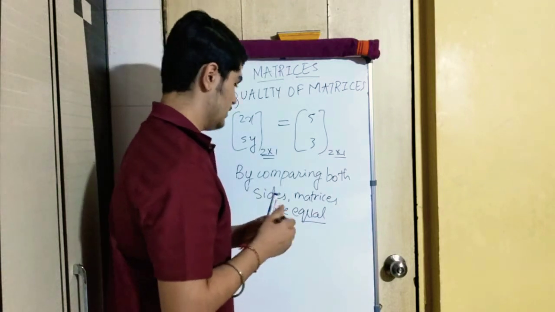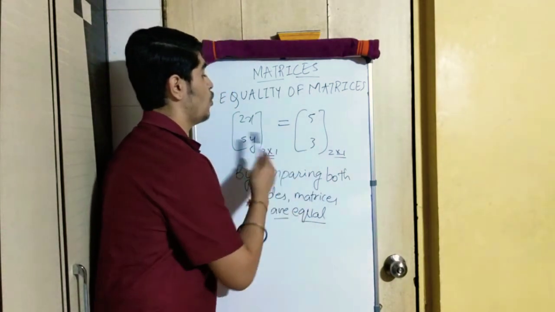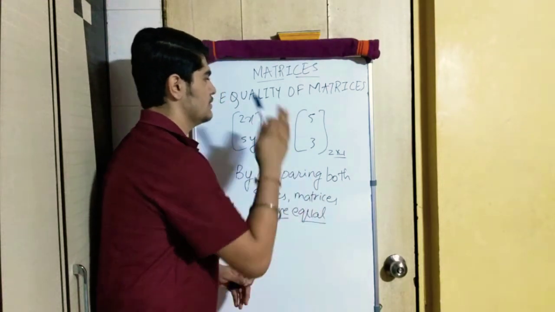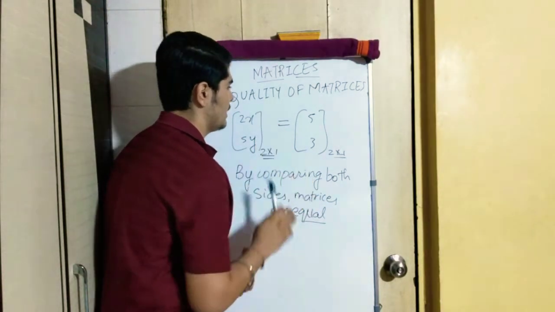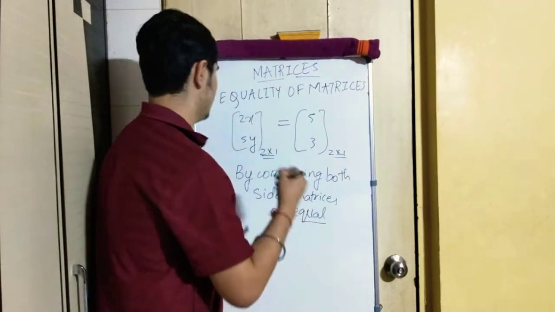It means that if the order of the matrices on either side is equal, then you can say that both the matrices are equal. This is called equality of matrices.